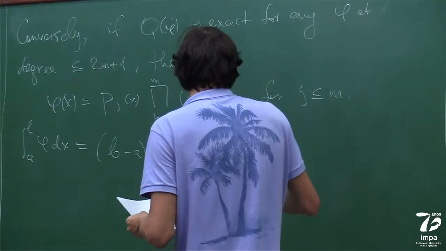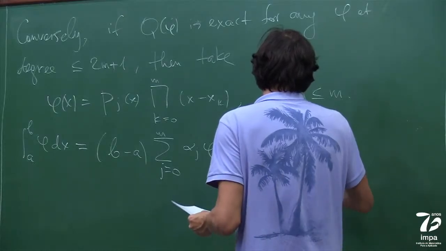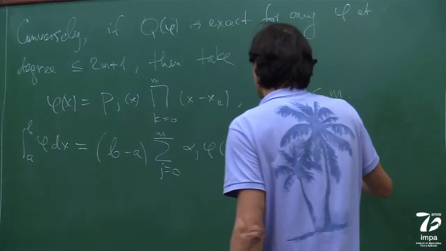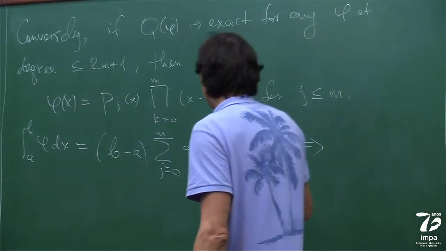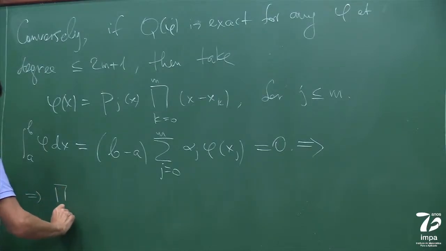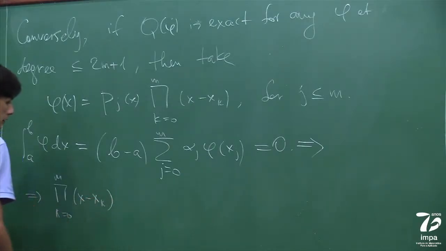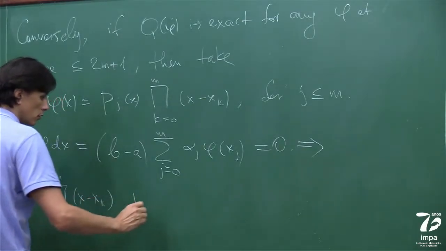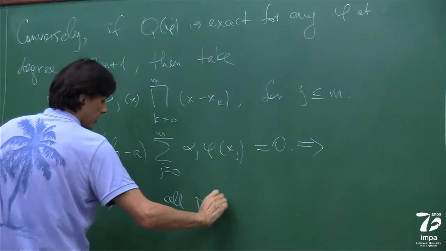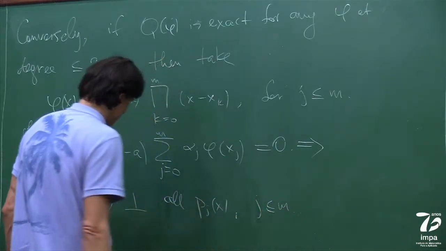So the integral of this expression is 0, so we proved that this product is orthogonal to all Pj(x) for j smaller or equal to m.